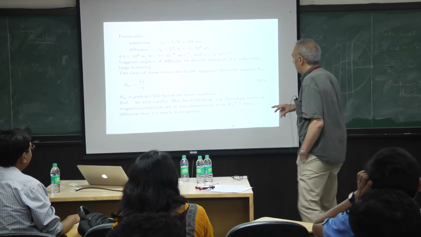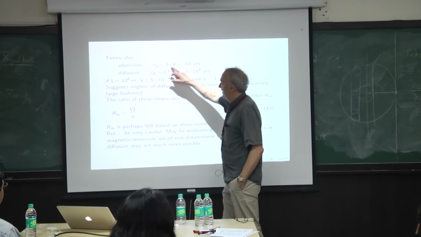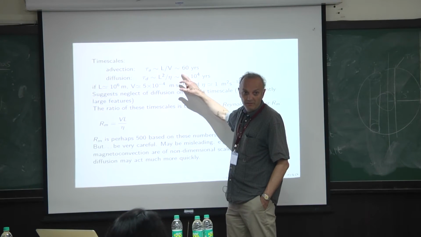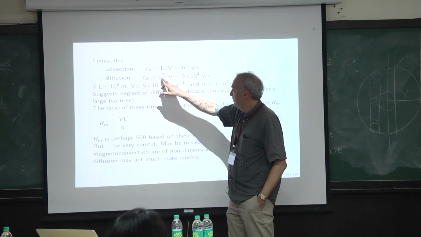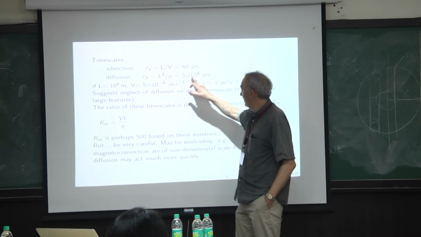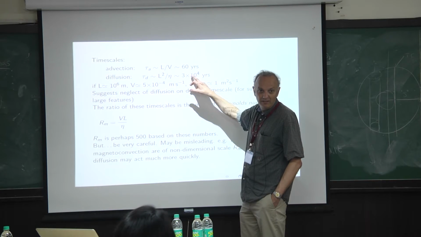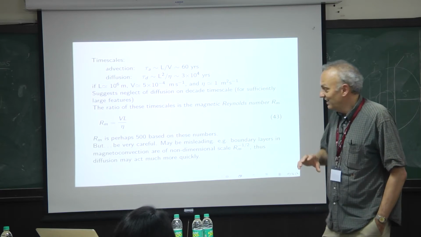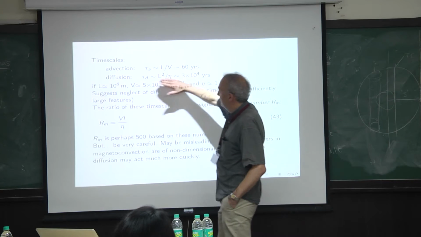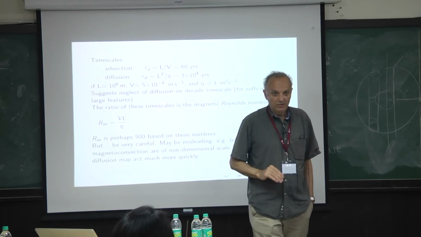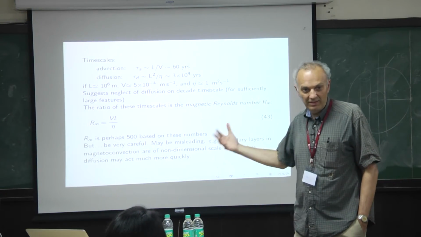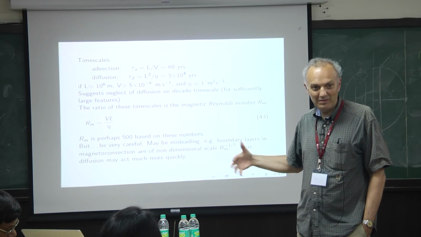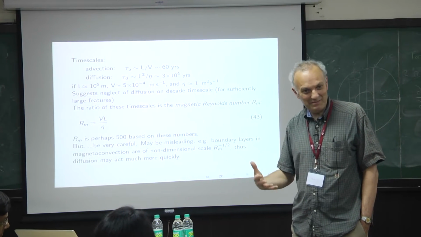So 5 to 10,000 years is a diffusive time scale. It all depends on the length scale of the feature, but my estimate is 30,000 years. So a reversal that takes 10,000 years, you may not neglect diffusion. So this would never have any predictive power about reversals, I'm afraid.